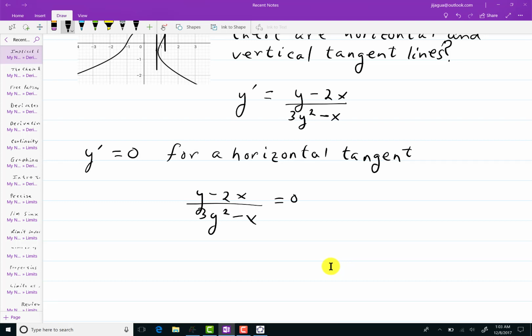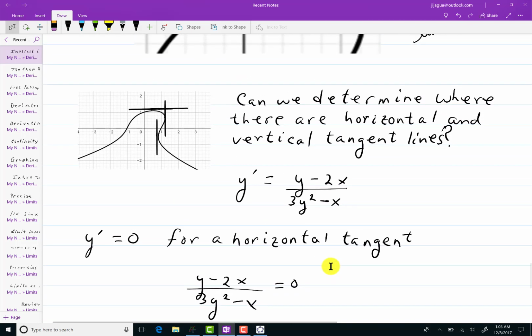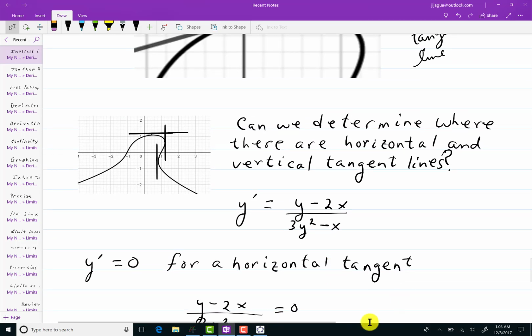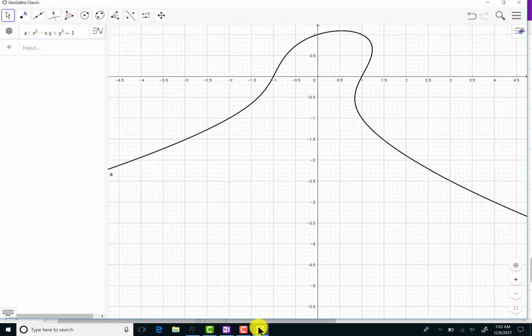Now, assuming the denominator is not equal to 0, I can multiply through by it to get y minus 2x equals 0, or y equals 2x. So whatever x is, y is twice that. Now, can I actually get something out of this? So far this is the best I can do because I've solved for y prime. But can I quite figure out where that is by any other means? I don't think that I can.